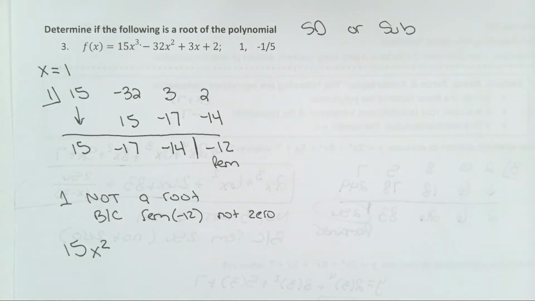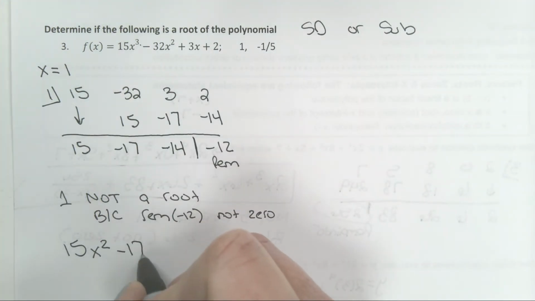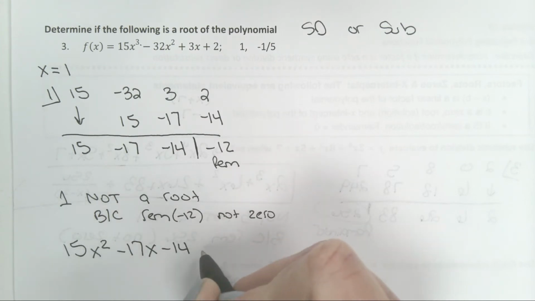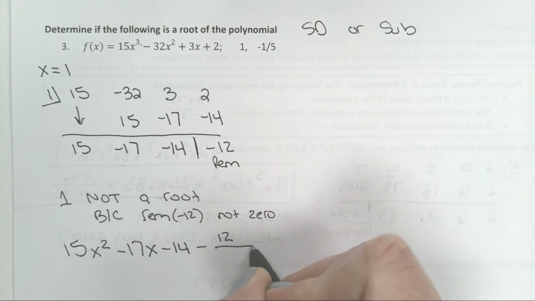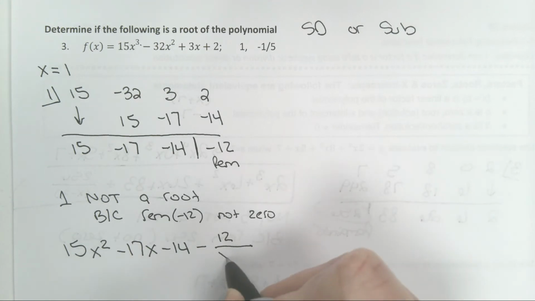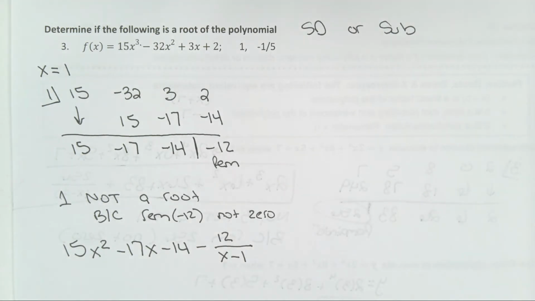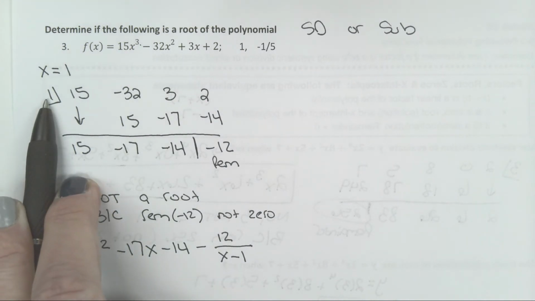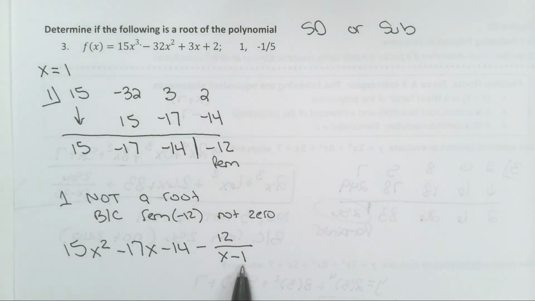When I write my answer, it's 1 degree less, so that's x squared minus 17x minus 14 minus 12 over x minus 1. So the denominator, you might need a little bit of help there. Remember, if you're only given the root and you have to write the linear factor, you just have to remember to change signs.